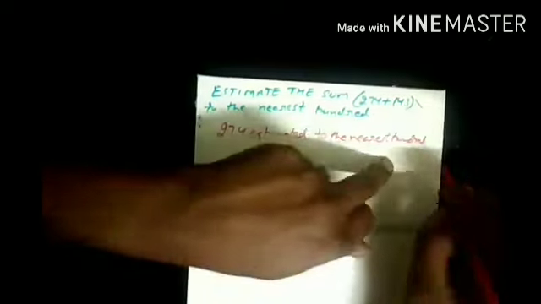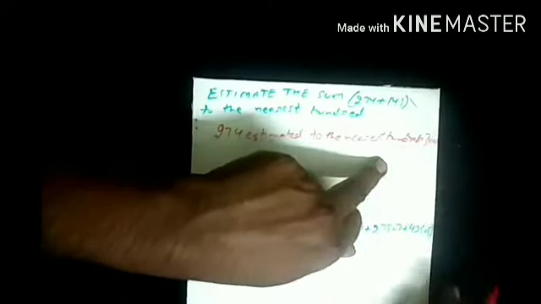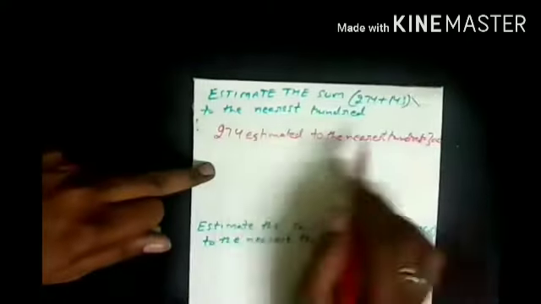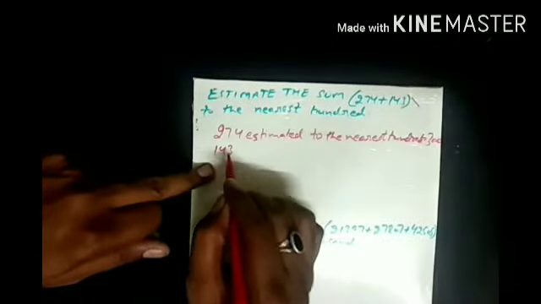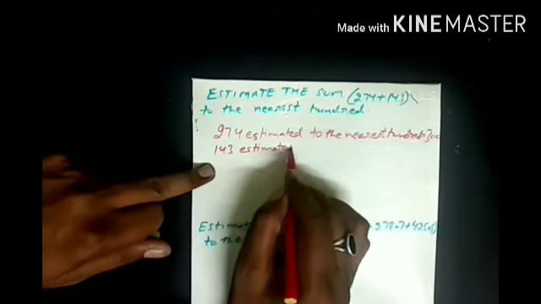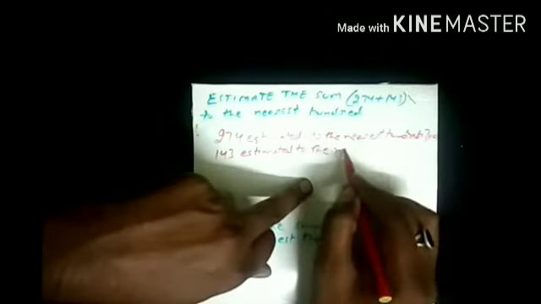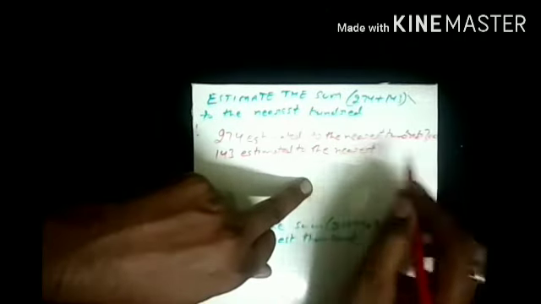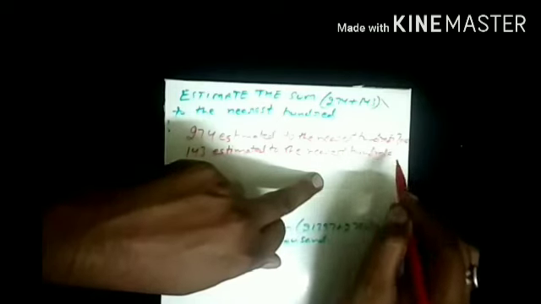My answer will be 300, as we have to round off 274 to the nearest 100. Now 143 estimated to the nearest 100. Now its answer will be 100.